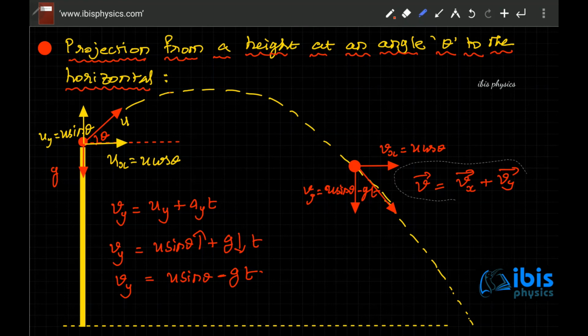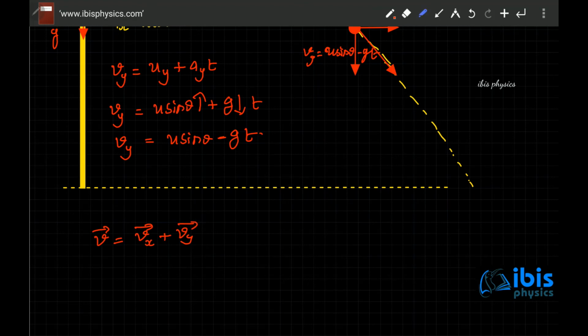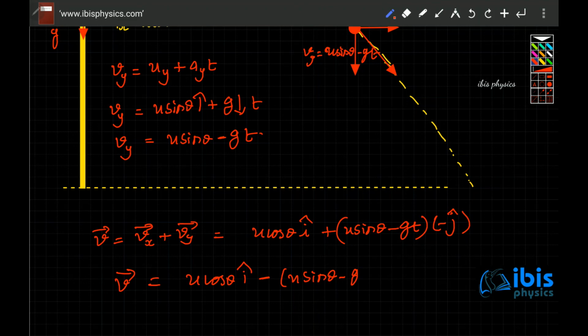So the net velocity is Vx plus Vy, and this can further be written as Vx is u cos theta in this direction, hence it is i cap, plus Vy is u sin theta minus gt in the downward direction, so it is minus j cap. So the V vector is u cos theta i cap minus (u sin theta minus gt) j cap.